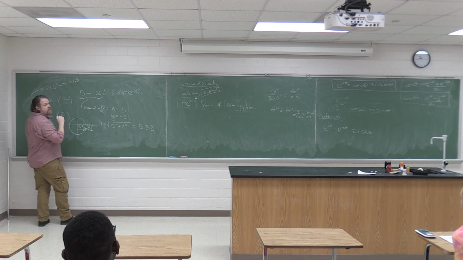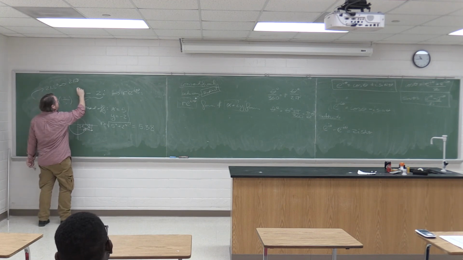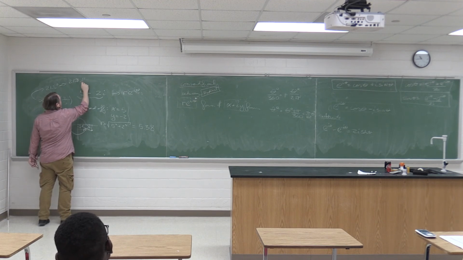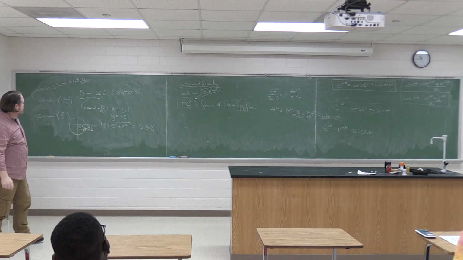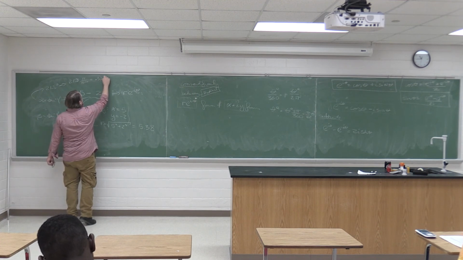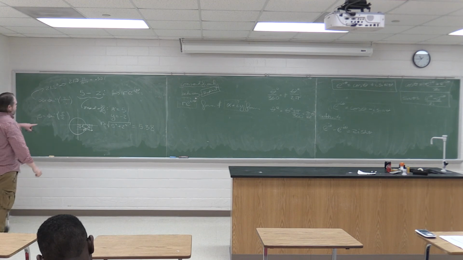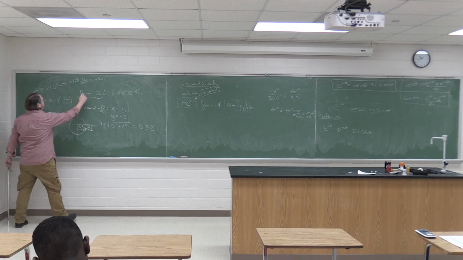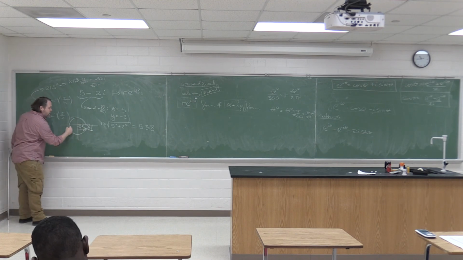Okay, so 21.8, we want to convert that to radians. So is it pi over 180 or 180 over pi? Okay, so what's that in radians? 0.38. Go ahead and give me one more digit there. 0.381. Okay, perfect. Now, the angle that we want is theta all the way around.